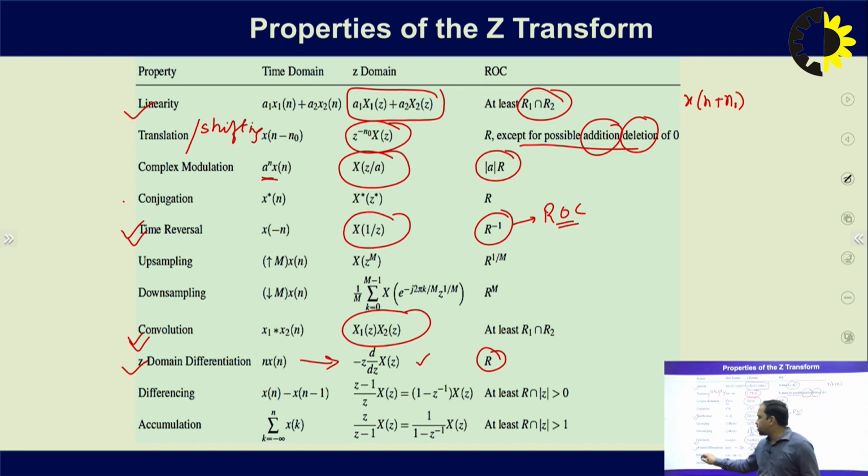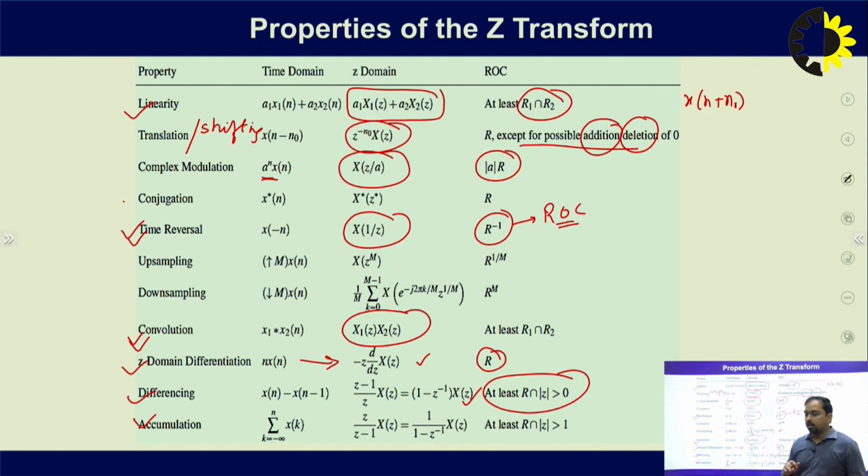After that, the first difference and the accumulation property. We have already seen these properties somewhere in the DTFT. So if there is a difference, just apply the property of shifting in the time domain. We get a result which is 1 minus z inverse multiplied by X of z, and the ROC will definitely be R. And due to this 1 minus z inverse, we need to take the intersection with mod z greater than 0.